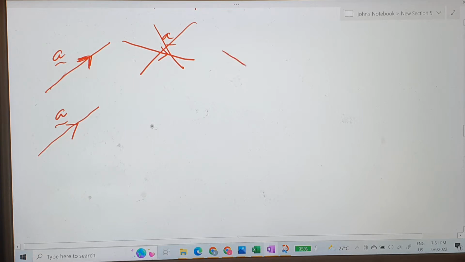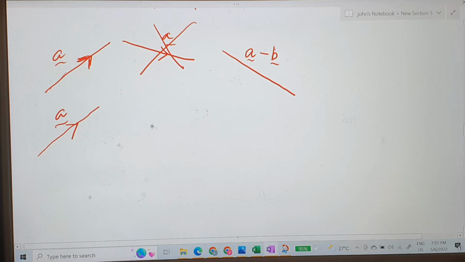I can actually write this as A. But can I write this as A? I cannot write this as A, because when I write this line in this direction as vector A, only a line in this direction with the same length can be called A. But of course, I can draw another line here, then I can have this vector A, but I can have like minus B or something like that.